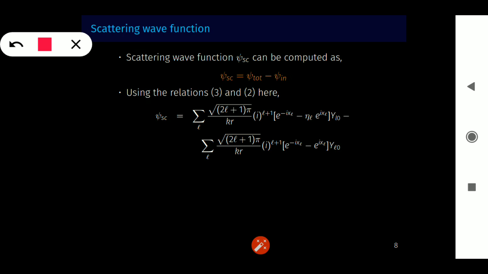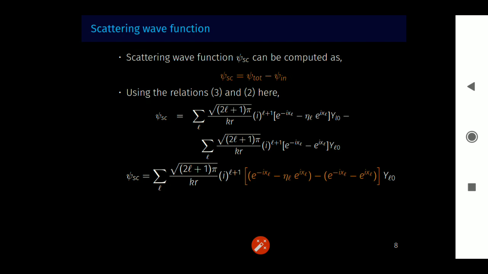If you look at the equation, this part is common in both the total wave function as well as the incident wave function, and Y_L0 is also common in both. Therefore, for the scattering wave function, you can take that common. If you take that common, you get this expression. In this expression, we have e^(-ikr) terms: e^(-ikr) minus η_L e^(ikr) minus e^(-ikr) minus e^(ikr). So e^(-ikr) in the first part and the second part will get cancelled.